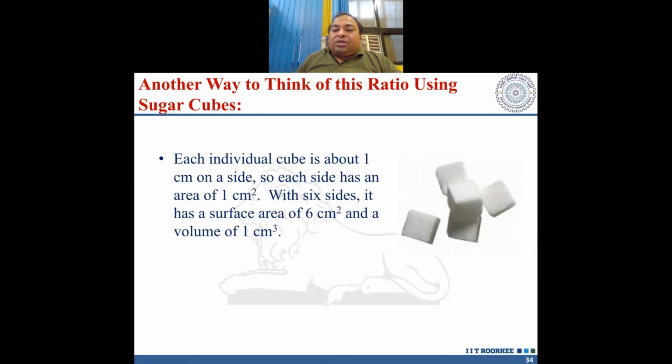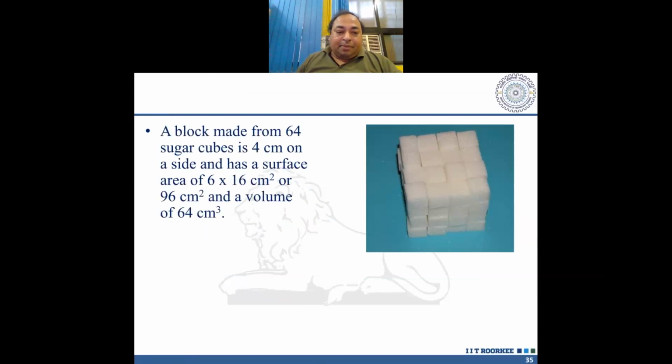Same story you could see using a sugar cube. An individual sugar cube is about 1 centimeter on a side, so each side has an area of 1 centimeter square. With 6 sides, it has a surface area of 6 centimeter square and a volume of 1 centimeter cube. So the surface area to volume ratio is 6 centimeter square by centimeter cube.